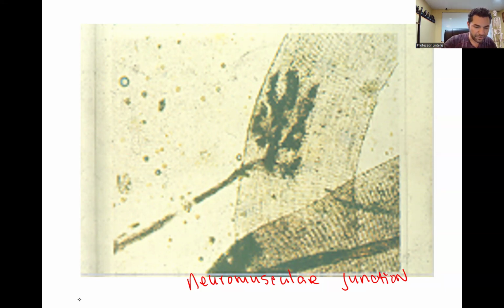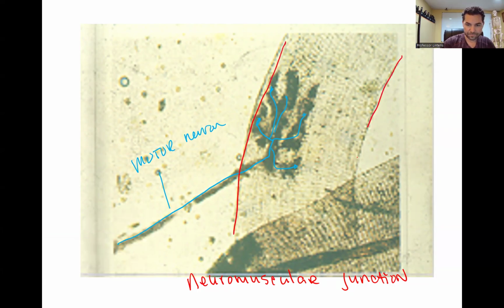So this is a picture where our motor neuron comes down and innervates our skeletal muscle. All of these are skeletal muscle fibers. But what's happening here is that motor neuron sending a message, making that muscle contract, right?